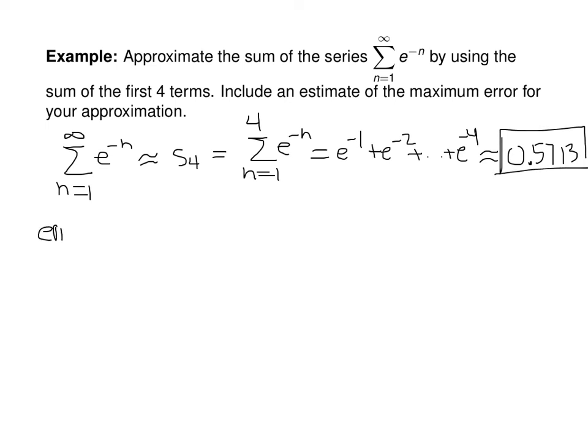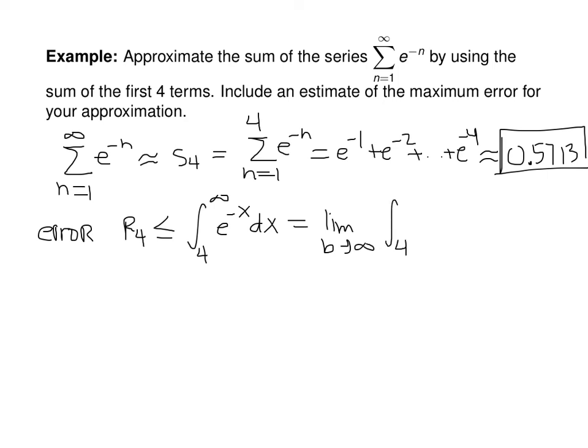Now the error, which is going to be r sub 4, is less than or equal to the integral from 4 to infinity of e to the negative x dx. And that's the same thing as the limit as b goes to infinity, integral from 4 to b e to the negative x dx, or the limit as b goes to infinity, negative e to the negative x, evaluated from 4 to b.